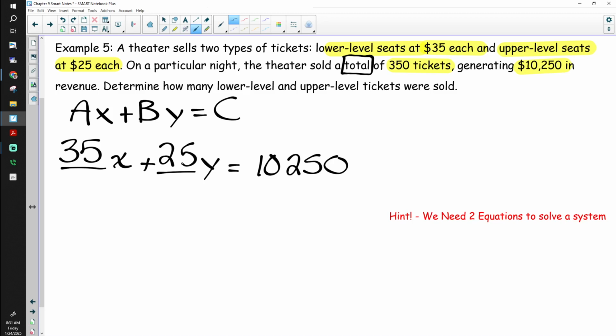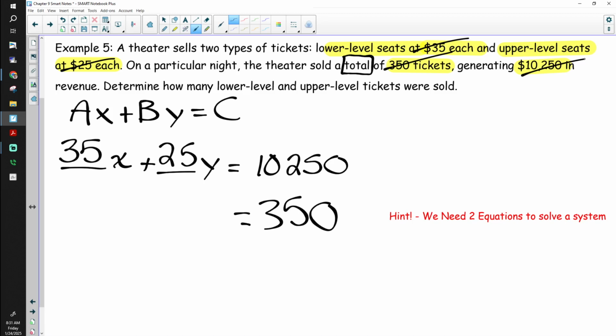Now I still haven't used my 350 tickets, which is my other total. So this is going to equal 350, but I need to figure out what's going to go on the left. And I've used 25, I've used 35, I've used 350, and I've used 10,250.